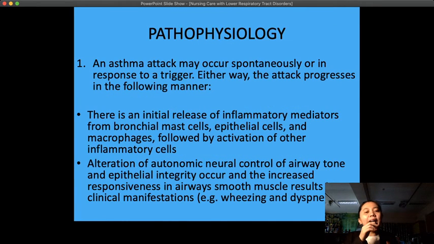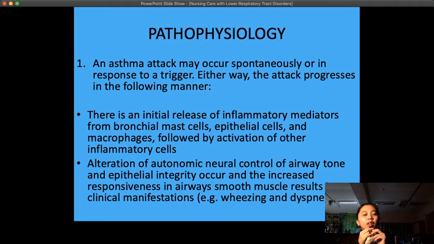Okay, so an asthma attack may occur spontaneously or in response to a trigger. Either way, the attack progresses in the following manner. So there is an initial release of inflammatory mediators from bronchial mast cells, epithelial cells, and macrophages, followed by activation of other inflammatory cells. So nag-i-inflame na.